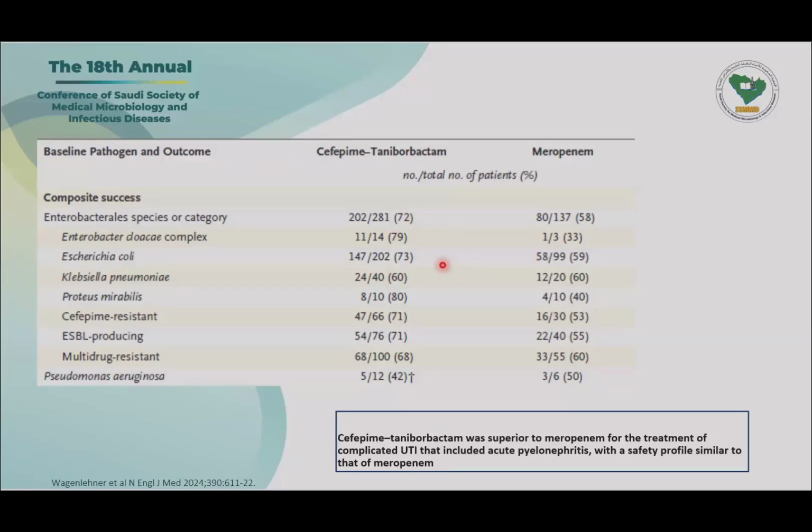So in conclusion, this product was superior to meropenem in treatment of complicated urinary tract infection and pyelonephritis, and the safety profile was similar. I think the first question you would ask after seeing this result is, how is this antibiotic going to perform for patients with multi-drug resistant organisms, in particular NDM, CRE, and Pseudomonas?